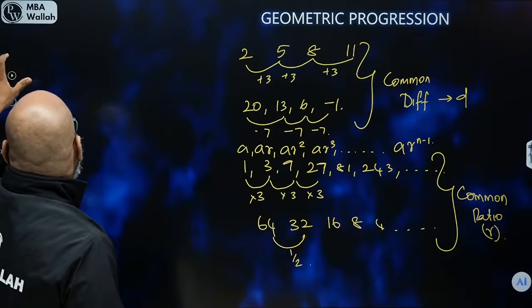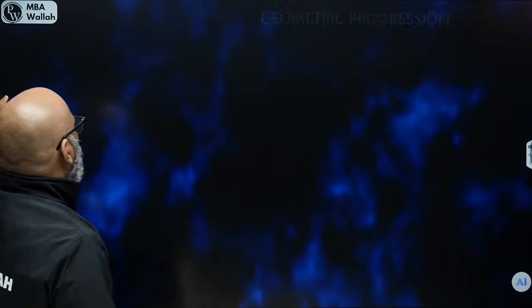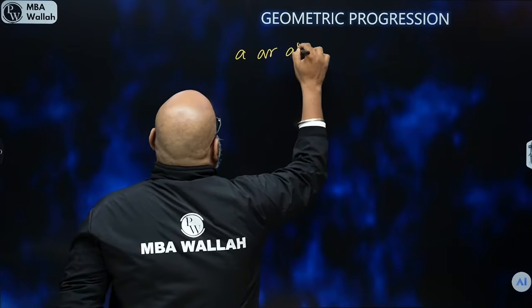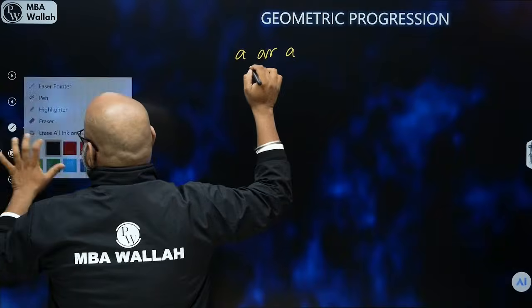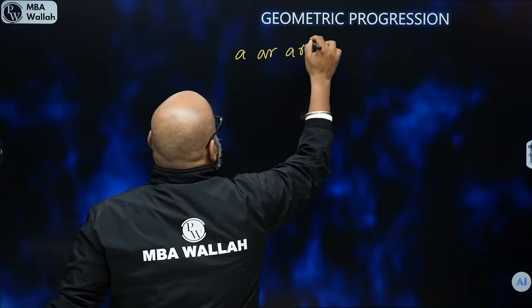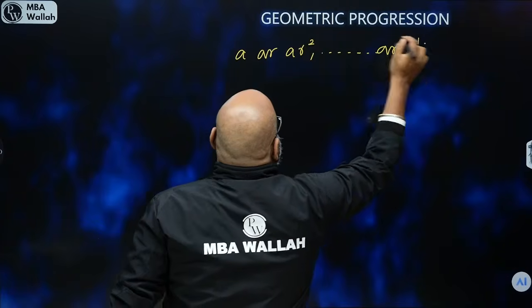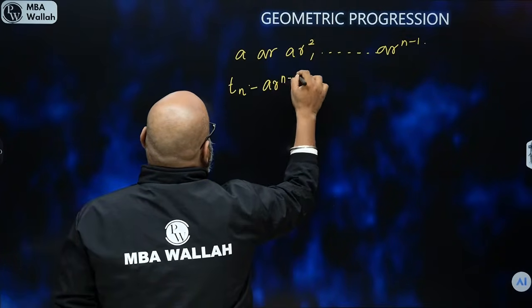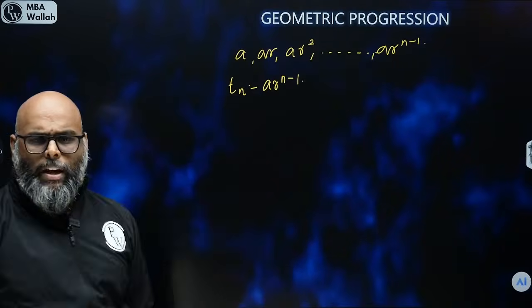So a quick summing up: A, AR, AR square, up to AR power n minus 1, or we will say Tn is equal to AR power n minus 1 for any n value. That is how you find the nth term.